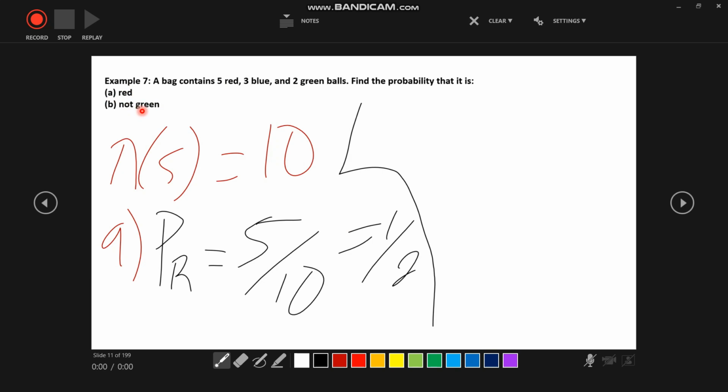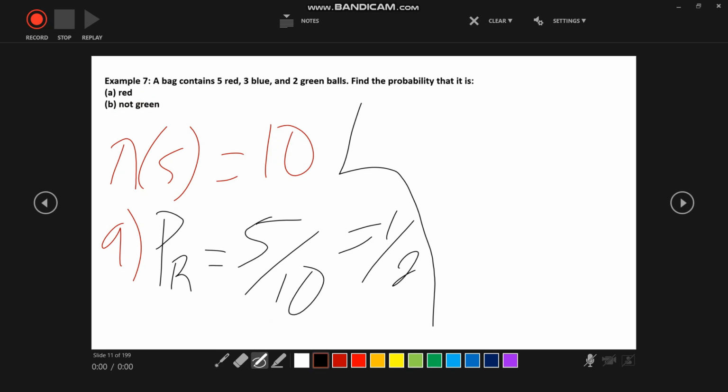So each event in an experiment will have its own sample space, but the sample space of the whole experiment is the most important. So you ignore the sample space of this event and of this event. Not that you ignore them totally, you can also apply them to compute their probability.